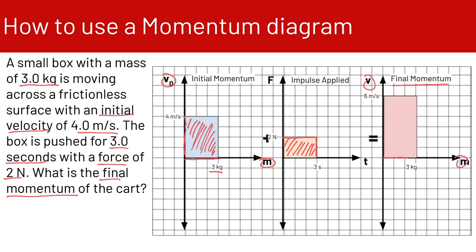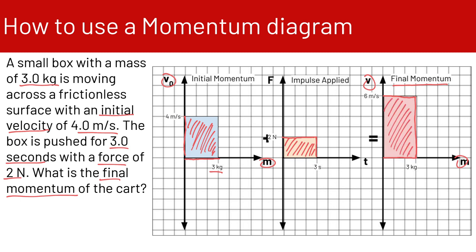The mass doesn't change. So we have 3 kilograms. If we add 12 plus 6, that gives us 18. So we know if we have 3 kilograms, then we have to go up to 6 meters per second on the final velocity. So this area here is our final momentum.